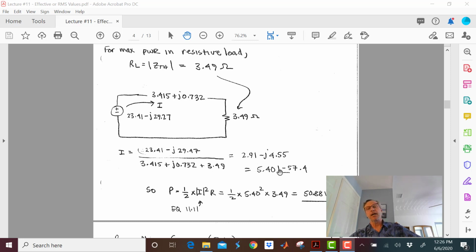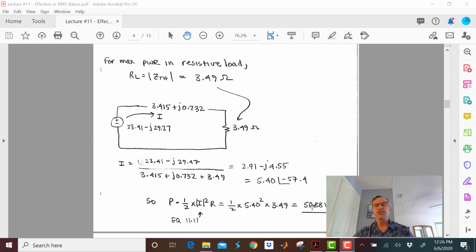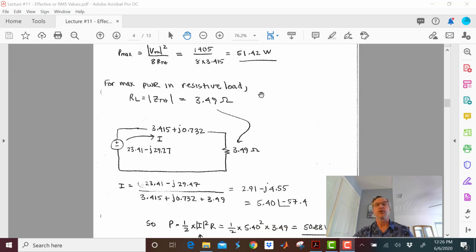So with a resistor by itself, I got 50.88 watts. If I added that capacitor, I got 51.42 watts. Now, if I'm making a bazillion receivers because I'm making cable TV boxes, as a designer, I'm going to feel like a monkey if I put an extra component in to just get this small additional amount of power.